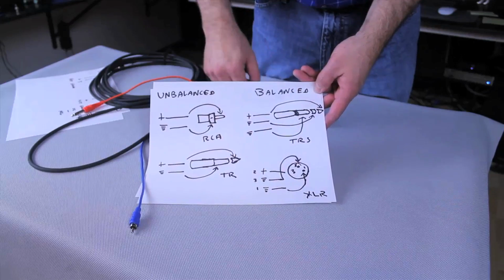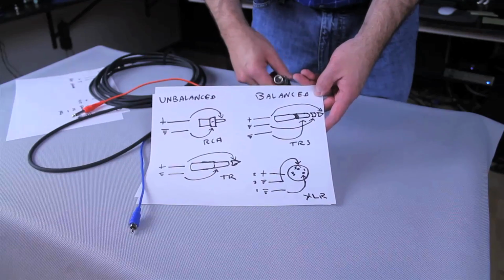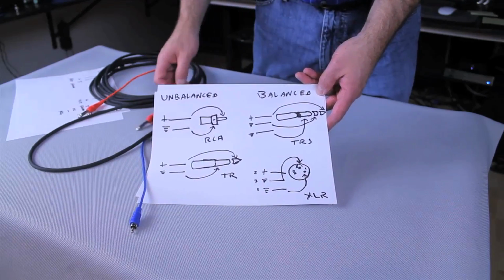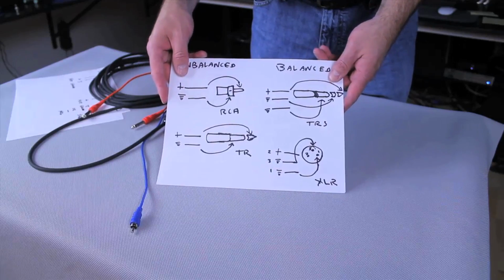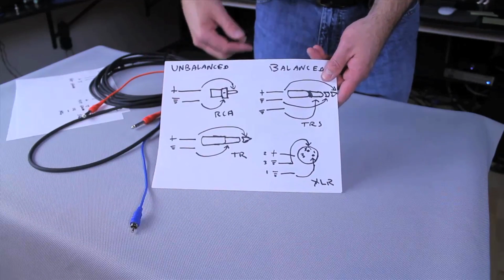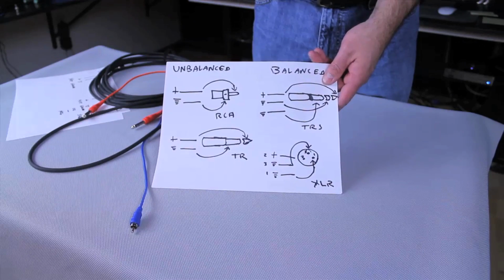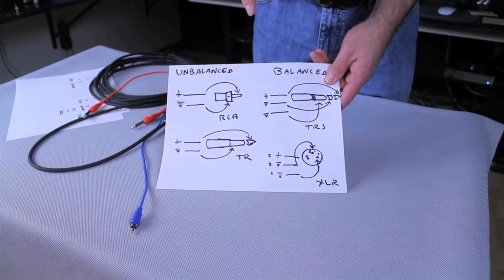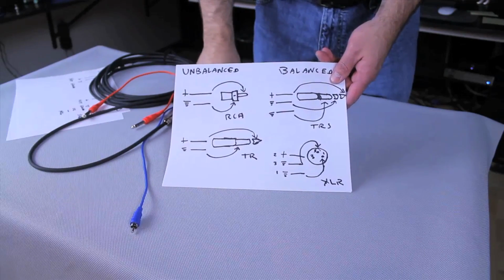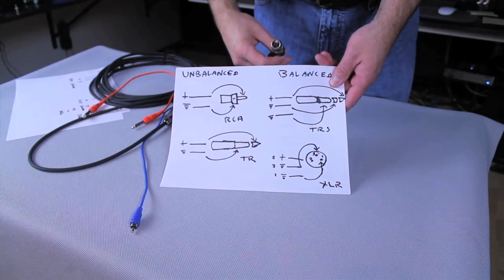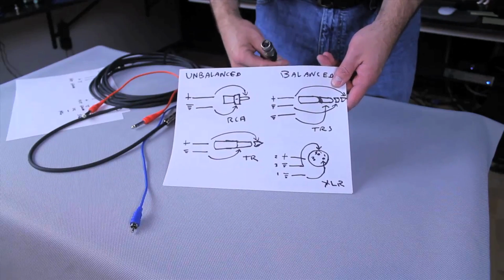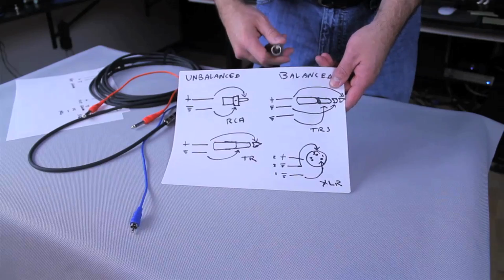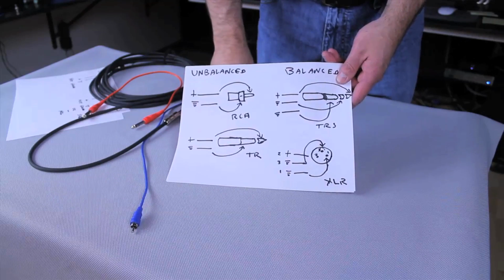There used to be a way to select what was hot and what was shield, and it was like a big wheel that you spun, and wherever the arrow landed, that was what you picked. But in recent years, in XLRs, and I say in recent years because it's a very old, it's probably a 50-year-old standard, but the last 20 years they've said, okay, here's the way it is. 1, 2, and 3 are configured like this.